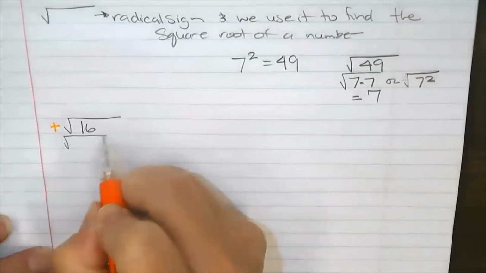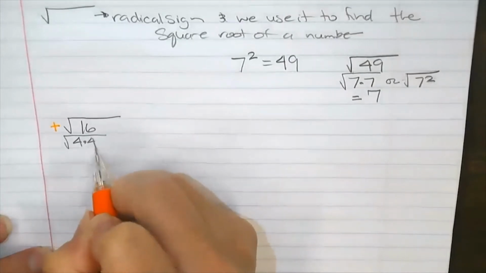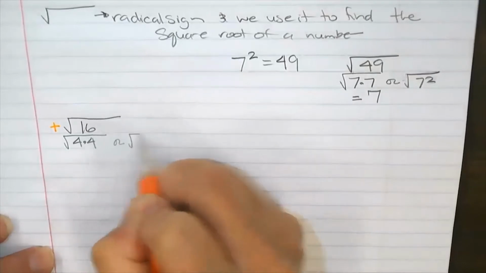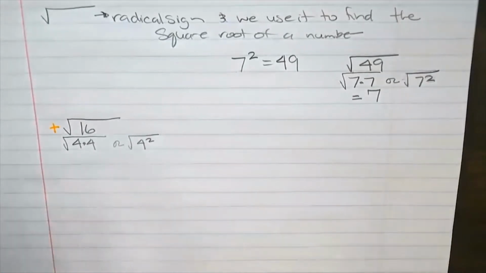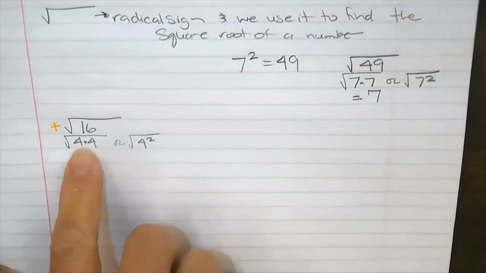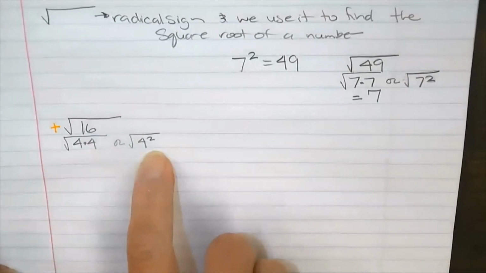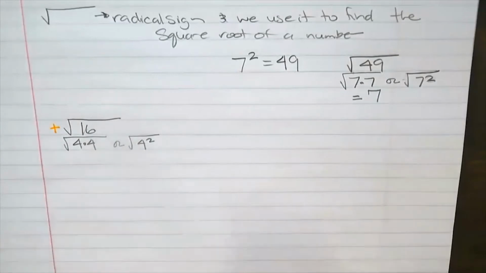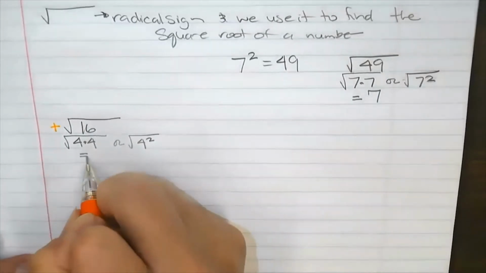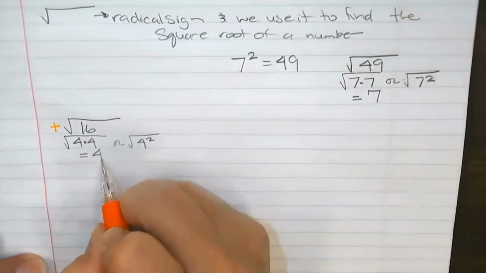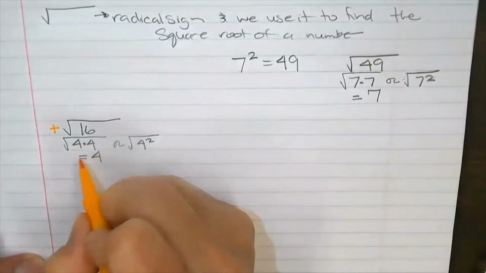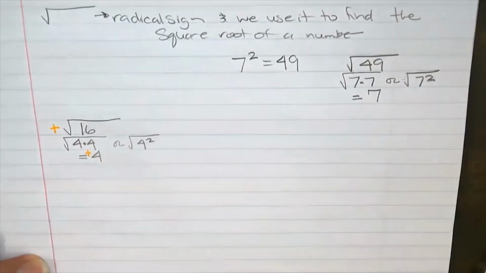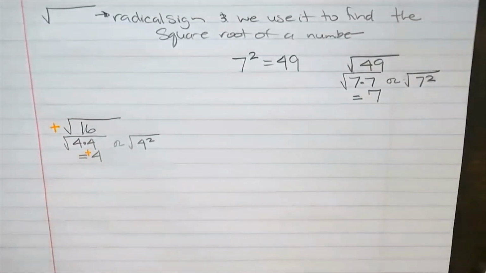Well, 16 is 4 times 4, or 4 squared. However your brain works, they're both the same thing. So our answer is equal to positive 4. That invisible positive sign is there.